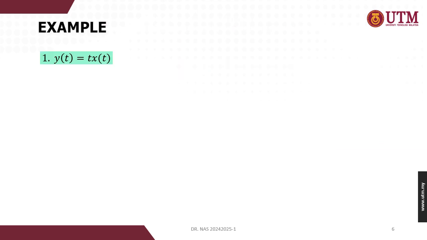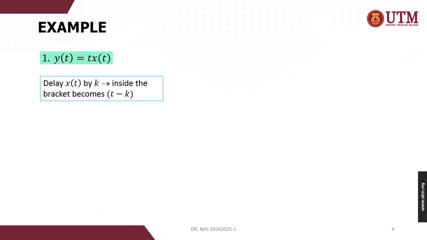Okay, let's look at the first example. We need to use the three steps as shown in the earlier slides to determine whether this system is time invariant or time variant. So first, delay the input signal only, by k.